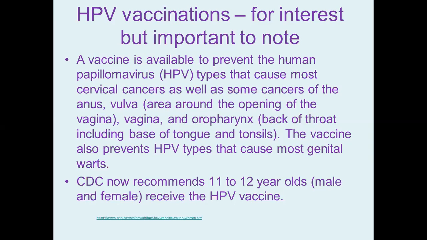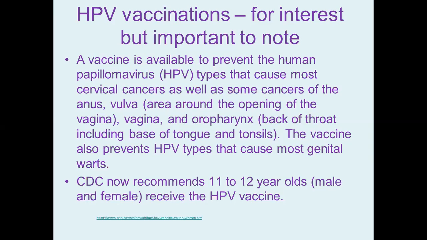And so there is a vaccine. In fact, there are now 2 different kinds of vaccine. Well, last time I researched it, there were 2 different kinds. There might be more now. So it's a vaccination that is available to prevent the human papillomavirus types that cause most of the cervical cancers, as well as some of the cancers of the anus and the vulva, which, remember, is the area around the opening of the vagina.